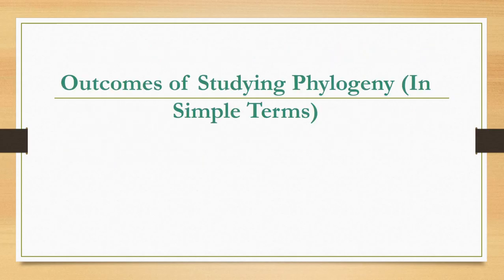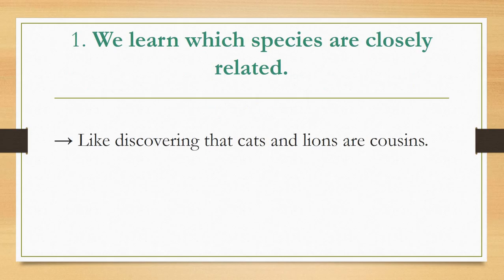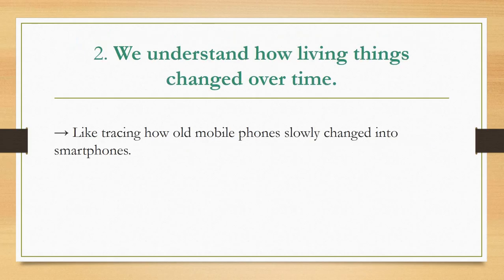Outcomes of studying phylogeny in simple terms: we learn which species are closely related, like discovering that cats and lions are cousins. We understand how living things change over time, like tracing how old mobile phones slowly changed into smartphones.